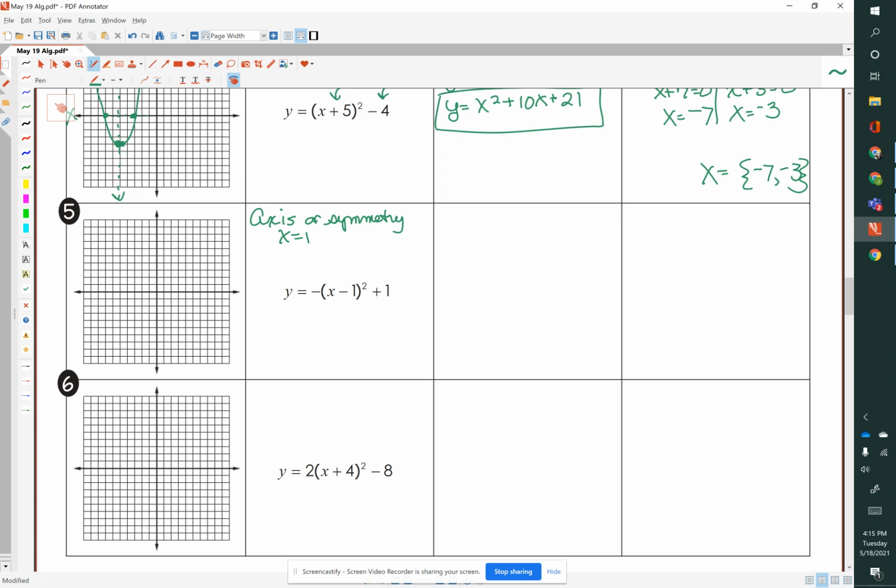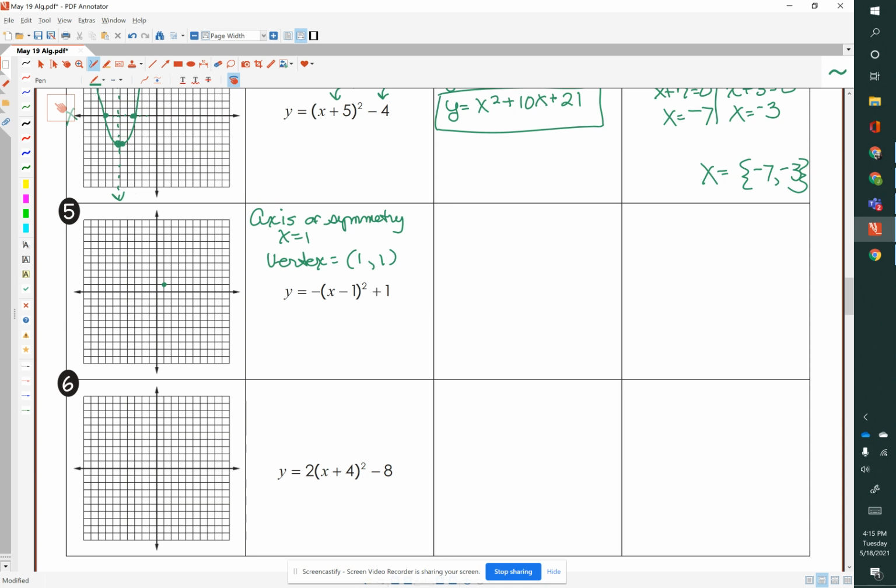And the vertex will be 1, 1. Write that down. Oops, put x instead of 1. So here's our vertex right here.